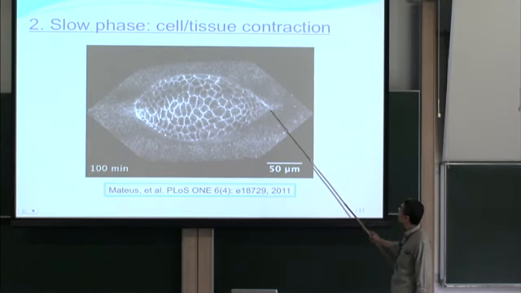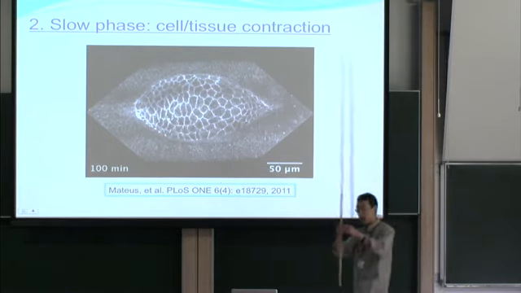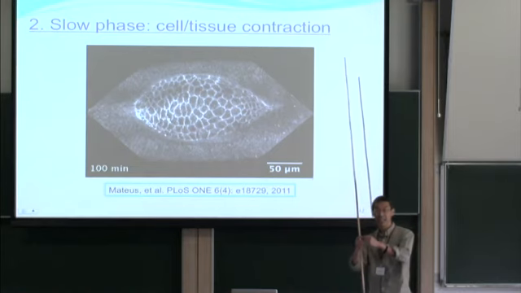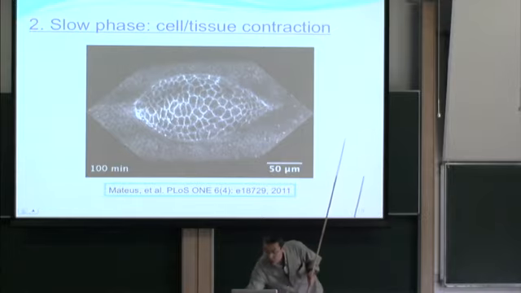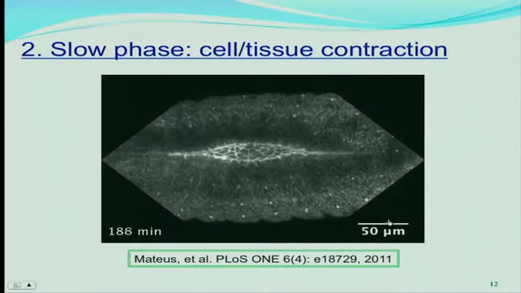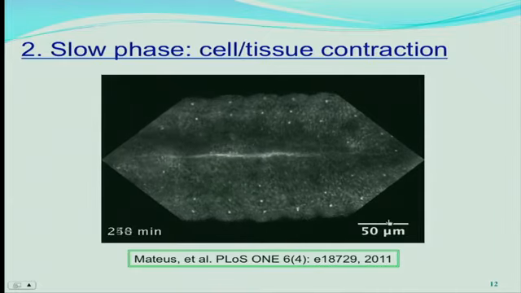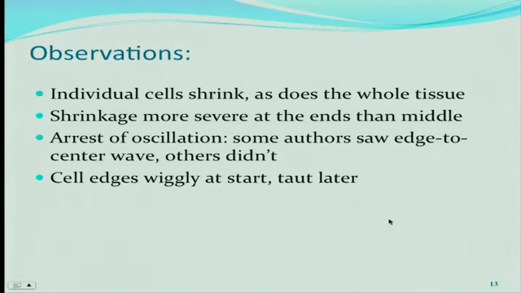And you will see that the contraction seems to be more severe near the corners. It's like the corners of the eye, called canthi, near the corners than in the middle. And let me finish this video first.